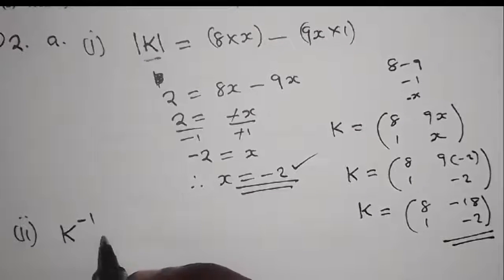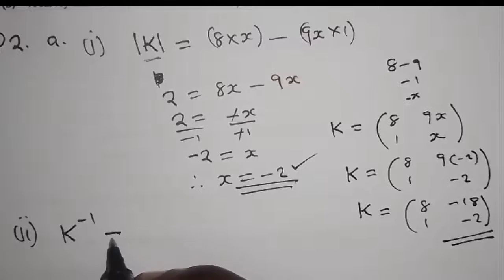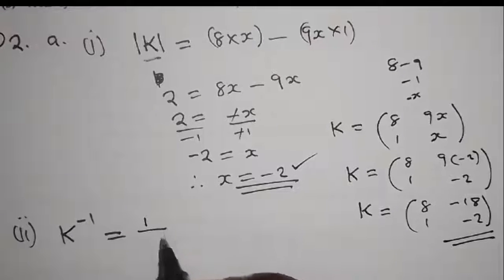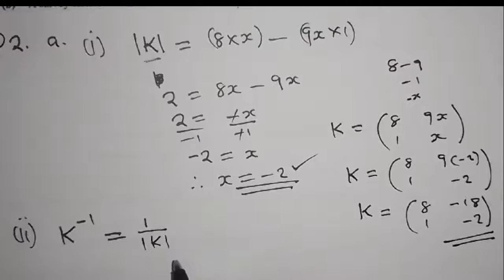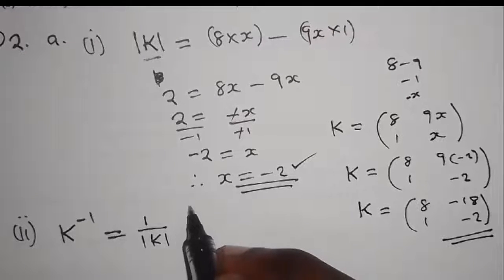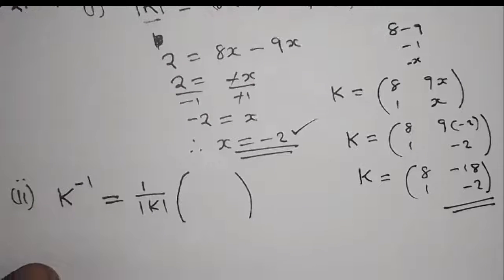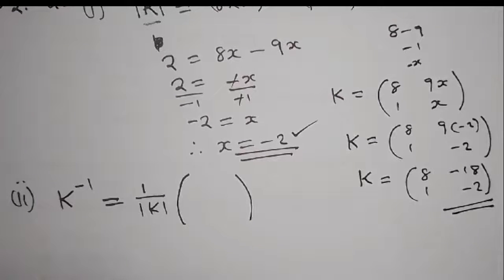That is how we present an inverse expression. So equals, and then you say it's 1 over the determinant of that matrix. Then you open the bracket now. Within the bracket, there is something that is going to change.